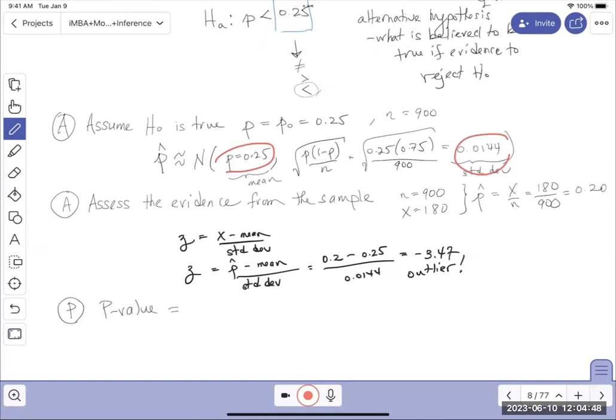The p-value means the probability of seeing a test statistic, that's what that's called. I have to tell you that. Z is a statistic, right?